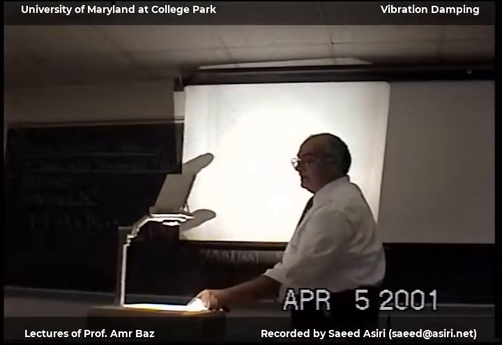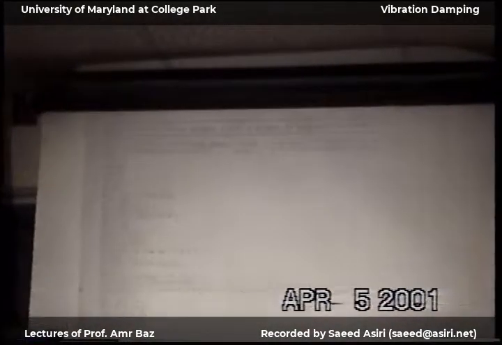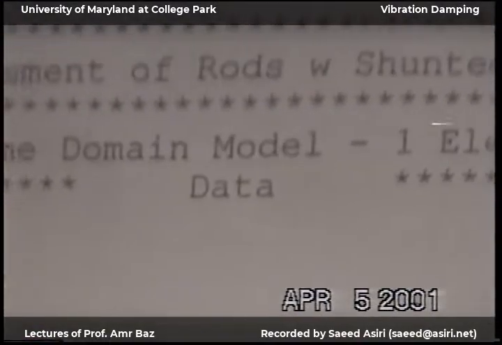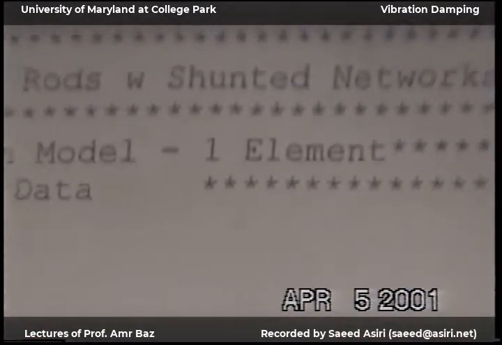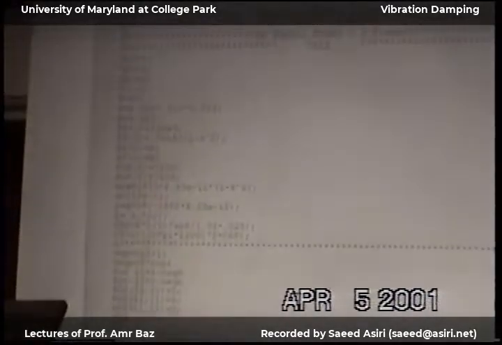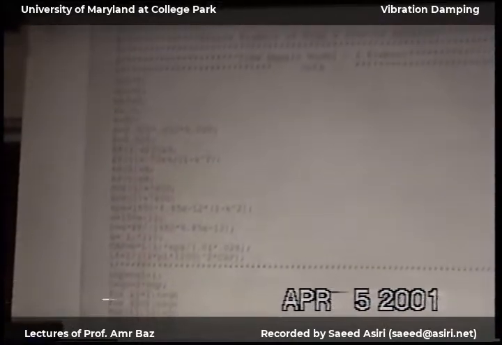Then you look at last lecture, I give you the handout for the time domain model. The most important thing is the parameters, which we erased. Okay?